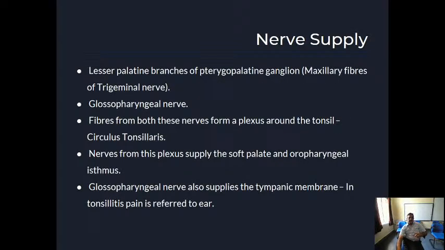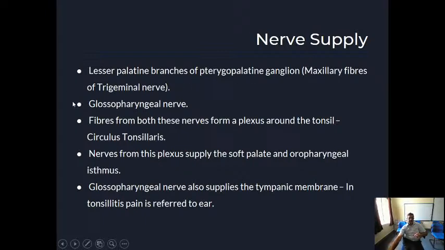The nerve supply, of course, is the trigeminal, the sensory, and the glossopharyngeal nerve, via the plexus, the pterygopalatine ganglion. So that is how the nerve supply to these tonsils.